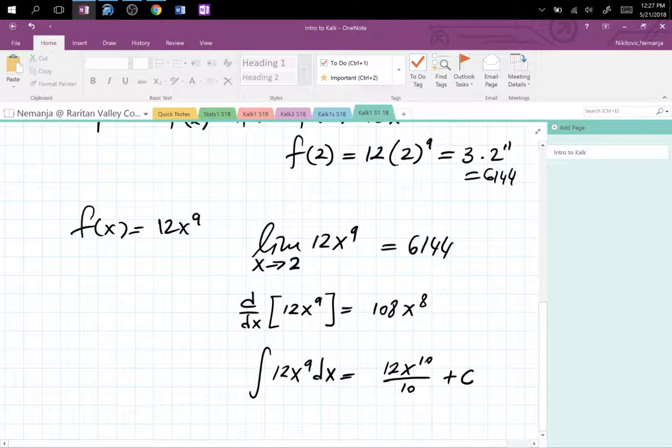So you can see this 12x to the 9 go through all 3 concepts that we are going to learn. And the focus of the class should be on the meaning of these things and what we achieve by doing this.